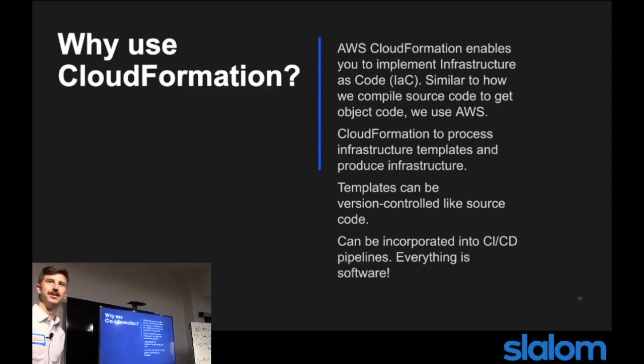Yes? So the version control aspect of this, is that just simply, since it's a text file, I can version control that in Git, or does AWS offer any additional version control and support for CloudFormation? Right now, I believe you can use CodeDeploy with CloudFormation, but you would have to double check me on that piece.